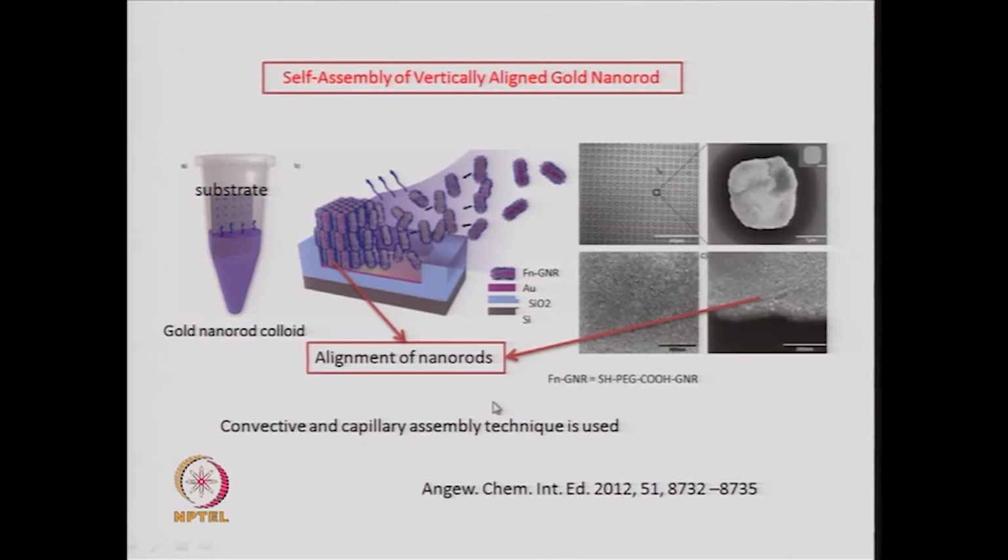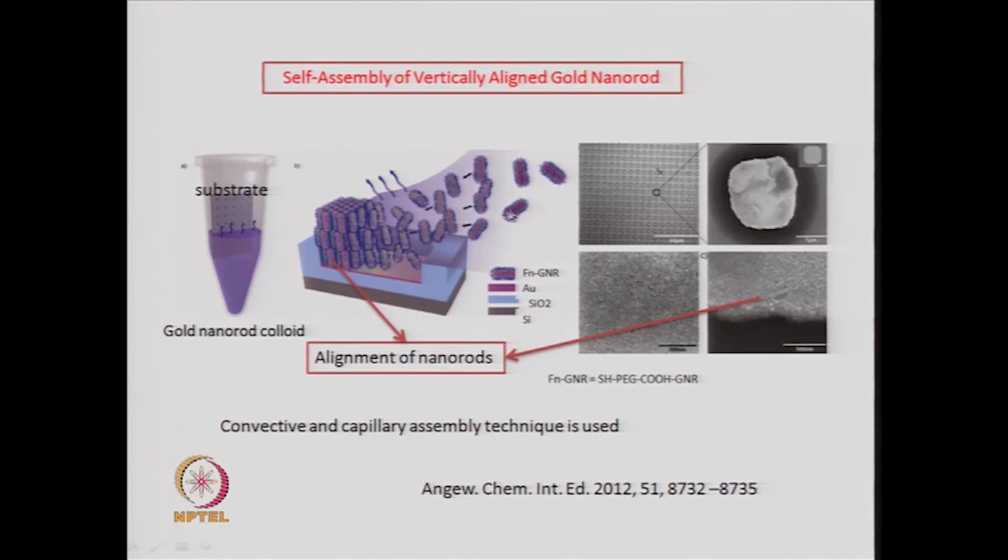This is the last slide today, and what we show is another example of vertically aligned gold nanorods. You have a gold surface, which is of course on top of silica and silicon, but what is important is that on the gold surface, if you put particles which have thiol groups on the surface, the thiol groups will attach to the gold surface and you will get a pattern like this.